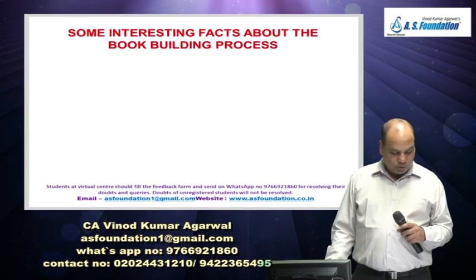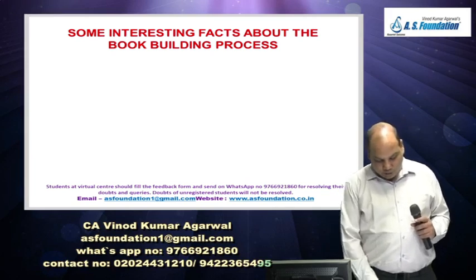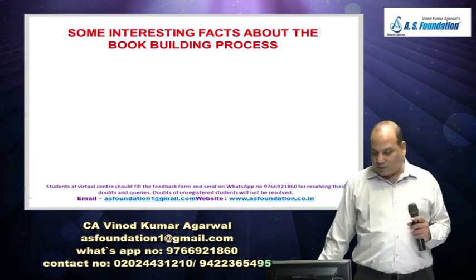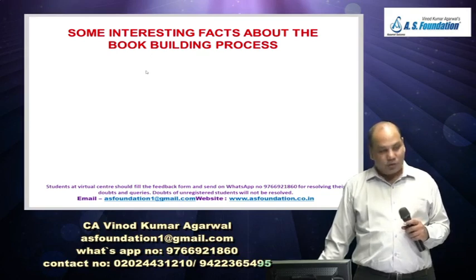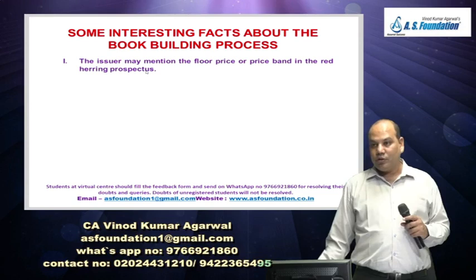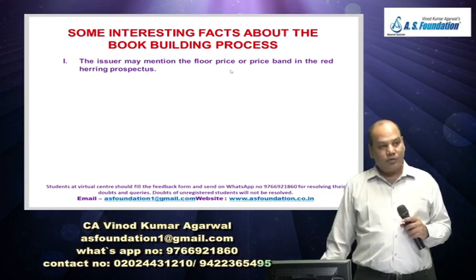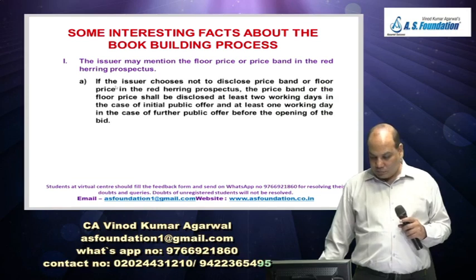Okay, come back to your notes. In your ICI module, there is a paragraph which says some interesting facts about the book building process. These are all potential questions for you. The issuer may mention the floor price, only floor price, or price band in the red herring prospectus.